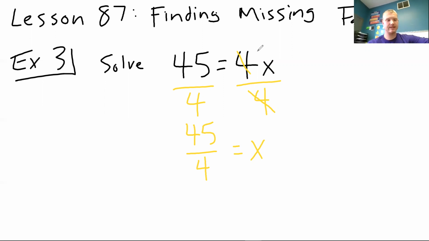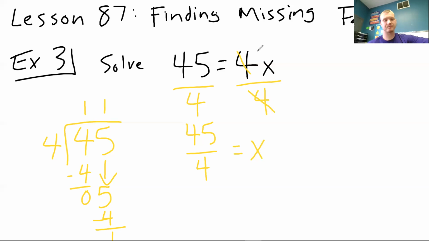So to get this in the simplest form, we take 45 divided by 4. 4 goes into 4 one time. Bring down our 5. 4 goes into 5 also one time. 5 minus 4 equals 1.